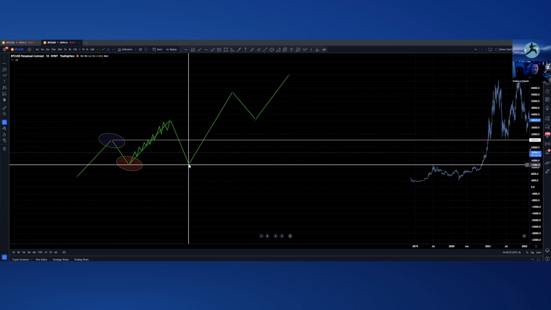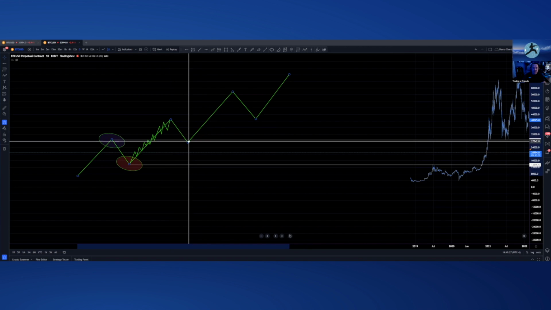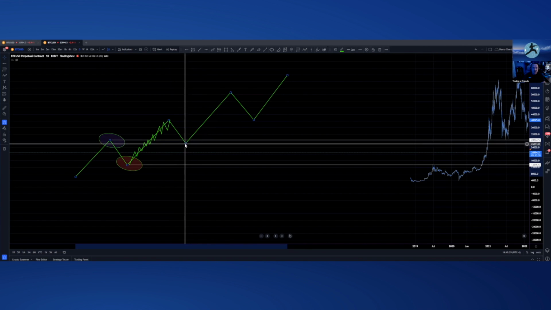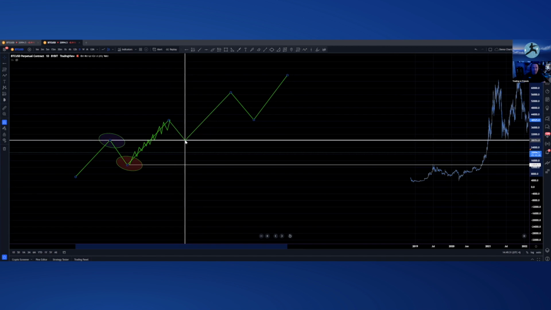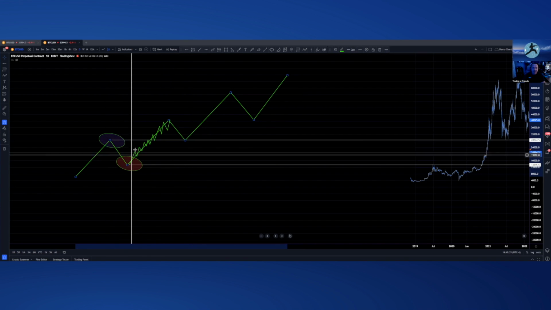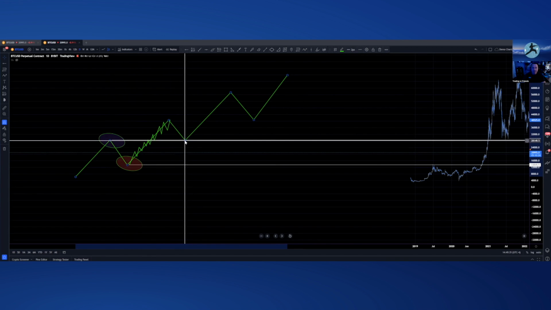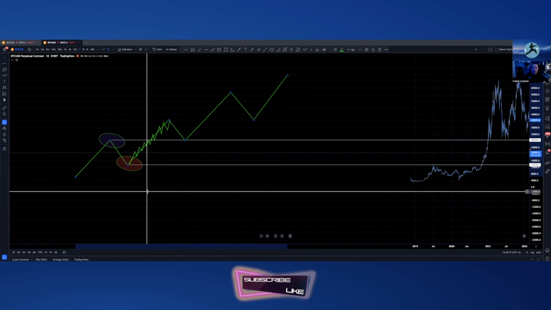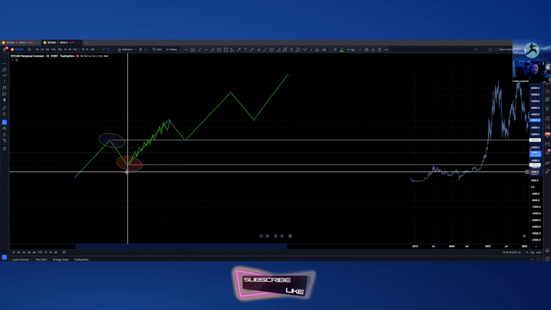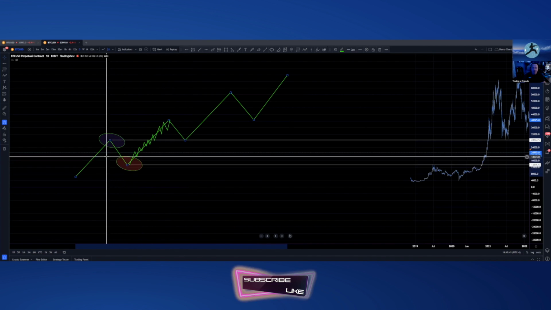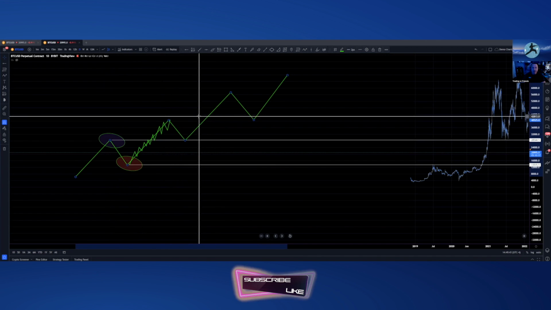But let's just say for right now, it comes up and it holds this previous high right here, comes down and it bounces off of that. Now, the same thing is going to hold true, but in this area right now.